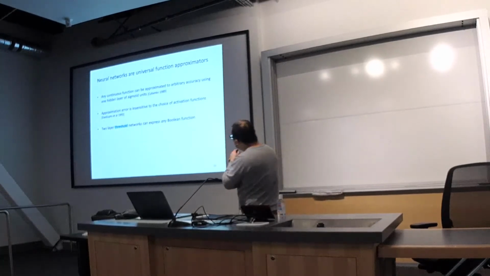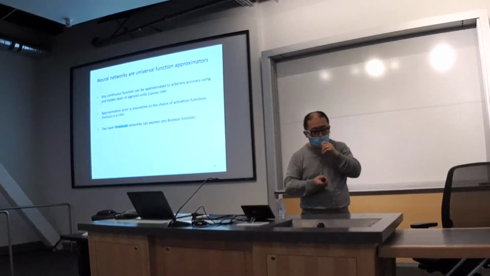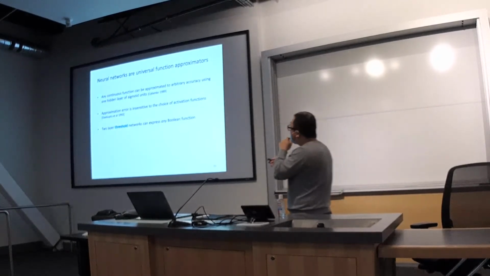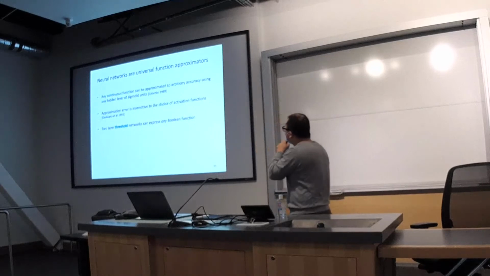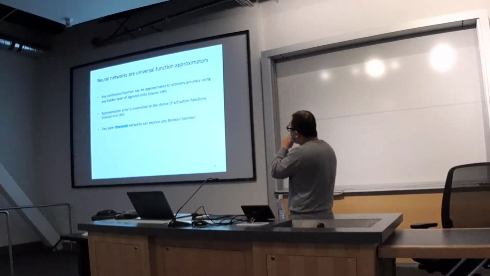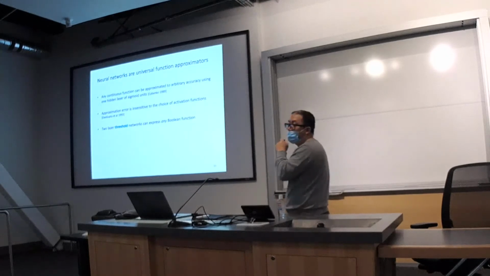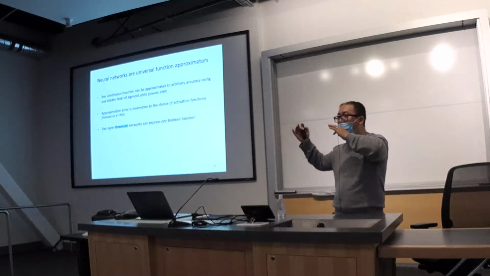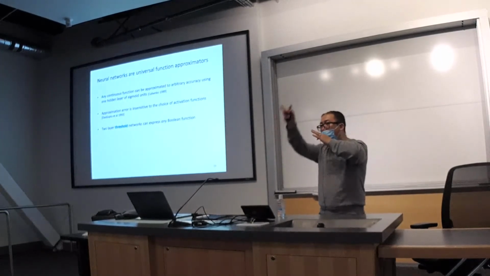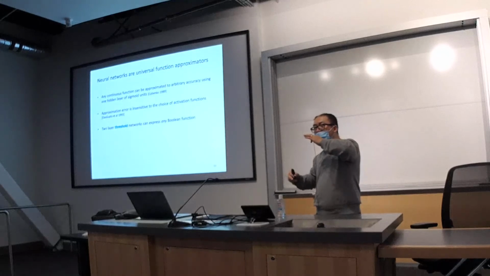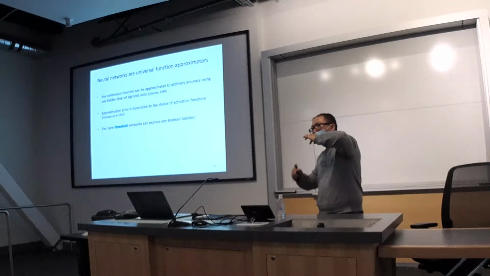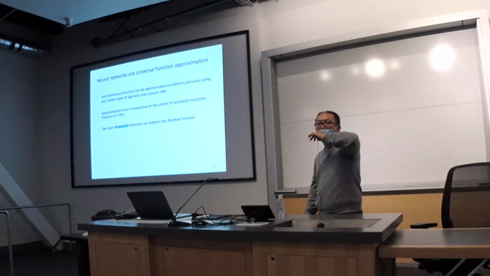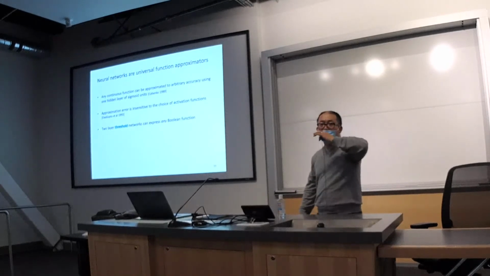There's a famous theory called the universal function approximation theorem. It tells us any continuous function can be approximated to arbitrary accuracy using just one hidden layer of sigmoid units. So basically, if you use sigmoid as your activation function and construct a two-layer neural network with one hidden layer, as long as your hidden layer is wide enough, it can approximate any continuous function to any accuracy level.